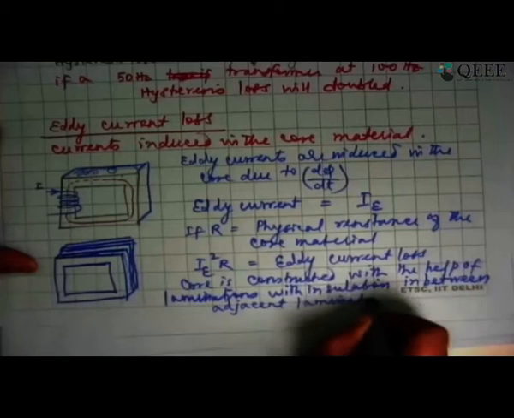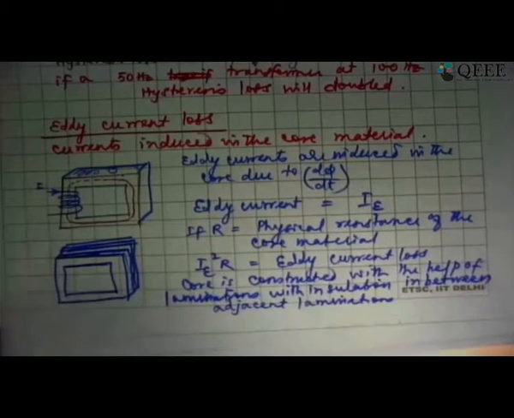So what is going to happen is, the two laminations that I have put right next to each other will not be able to have a thoroughfare of current. So I'm going to have one lamination here and one more lamination behind this like this.